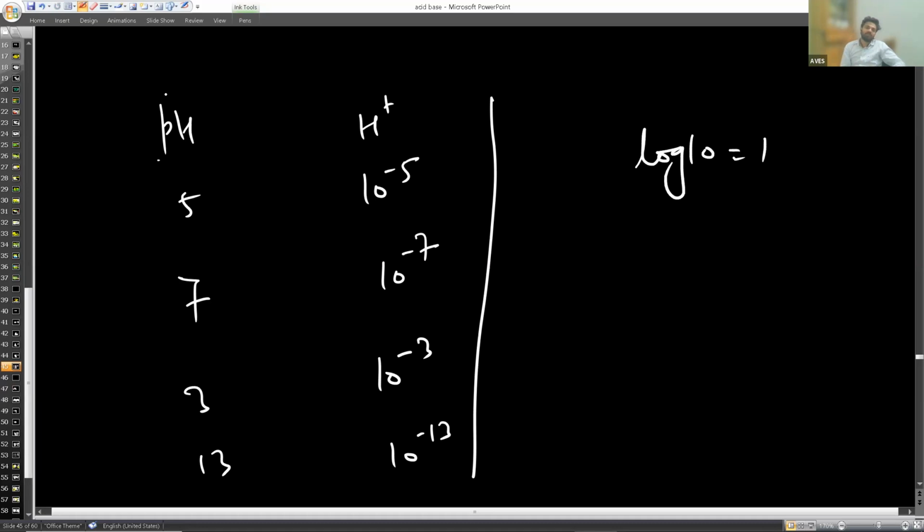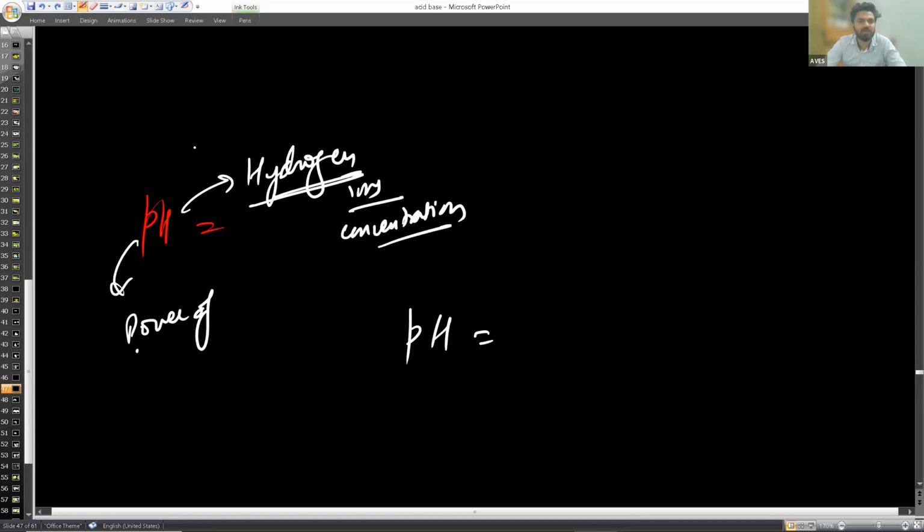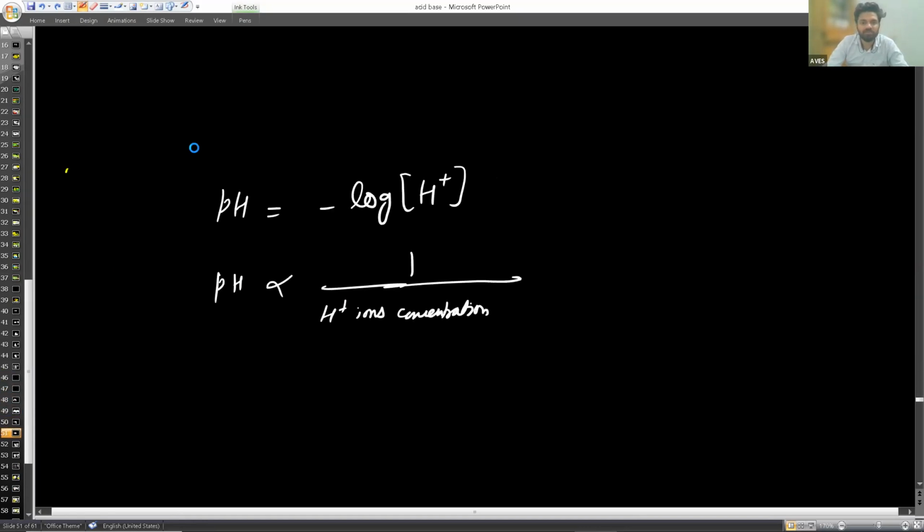So what I'm saying here is that pH is equal to, now the two solutions. The question comes in your examination that two solutions have a pH of like here.